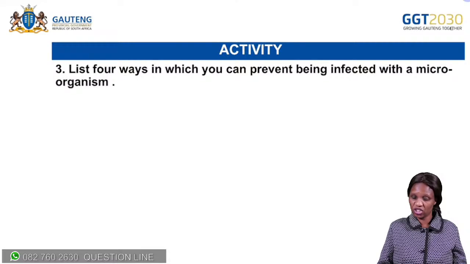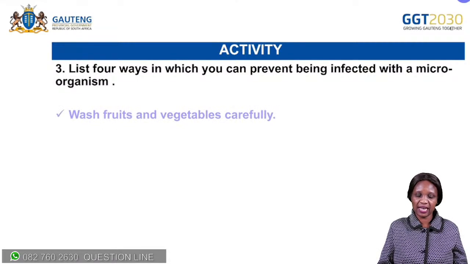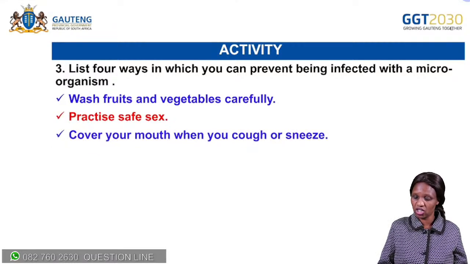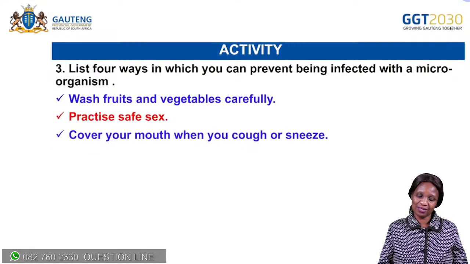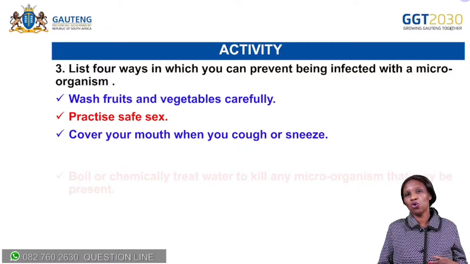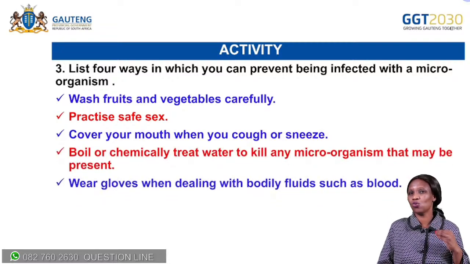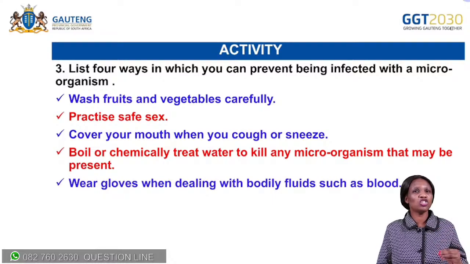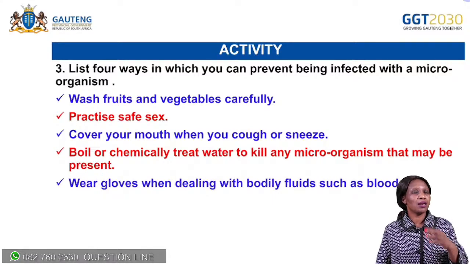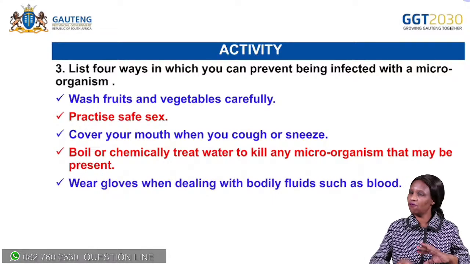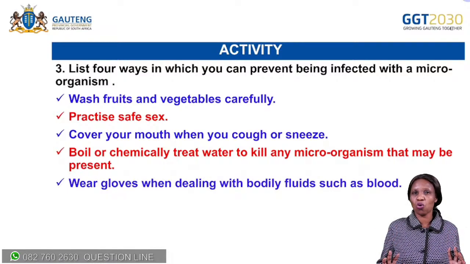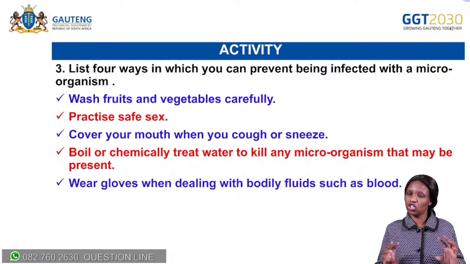And then let's go to question number 3. It says, list 4 ways in which you can prevent being infected with microorganisms. Remember, we need to always wash our hands. We need to wash the fruits and even the vegetables, or even all the food that we eat raw. We need to wash it, make sure it's clean.